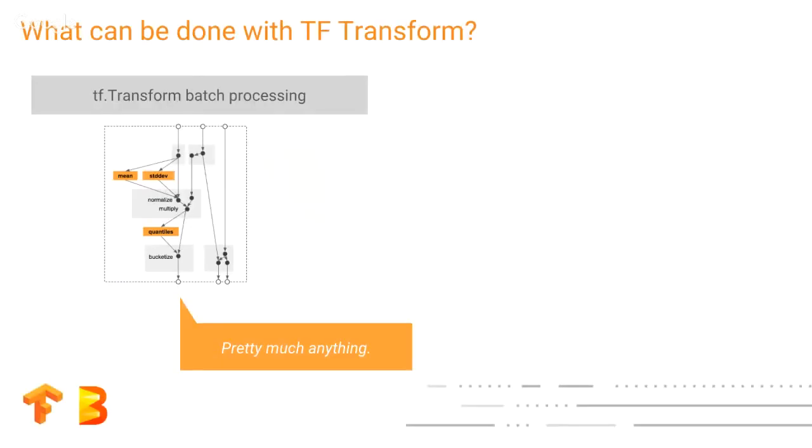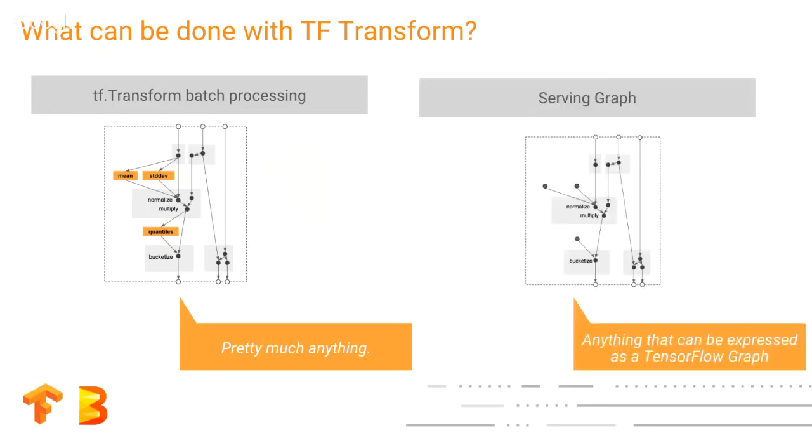So what can we do with TensorFlow Transform? With our analysis, we can do pretty much anything that we can do with a data processing system. We have access to the full data set. We can slice and dice it, we can filter it, and all sorts of stuff. And at transformation time, we have a restriction where we can only do things that you can do with TensorFlow.